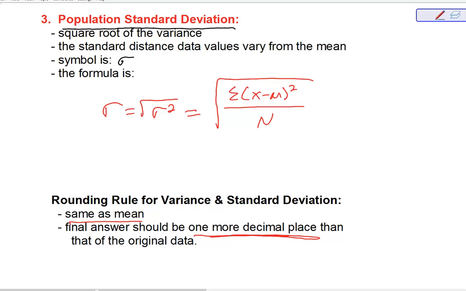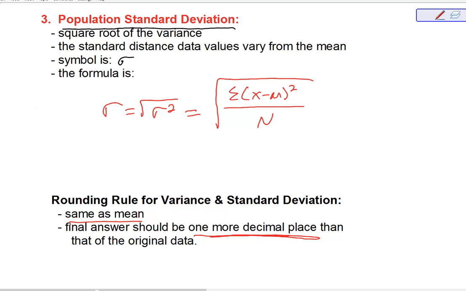So if your data has no decimal places, then your variance and standard deviation should have one decimal place. If your data has one decimal place, then your variance and standard deviation should have two decimal places. It needs to be one more place than your original data.